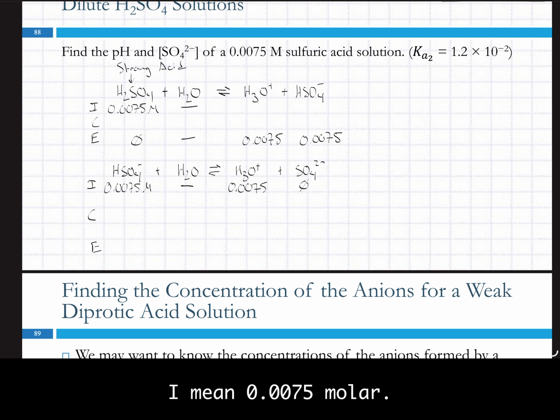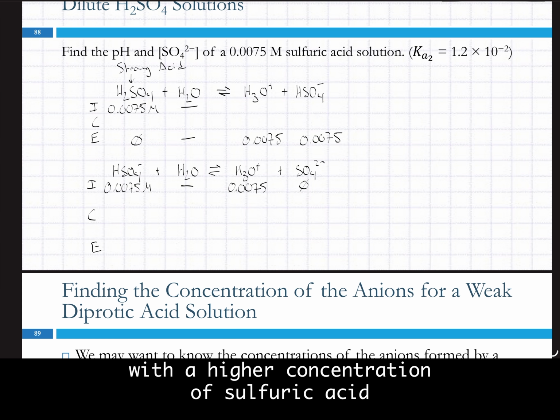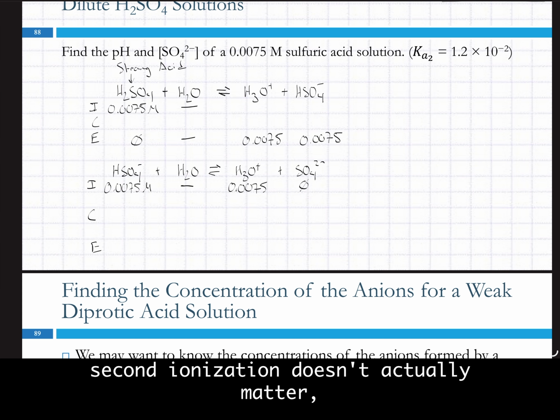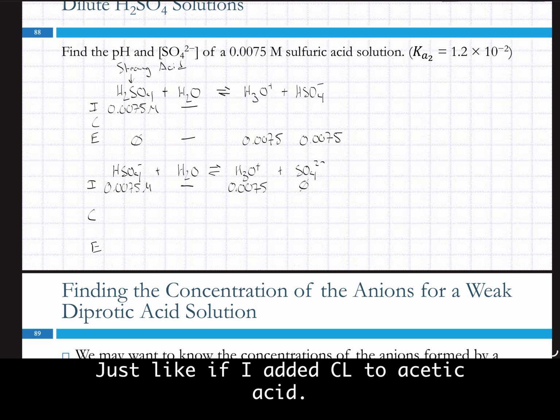How do we know it's dilute? I mean, 0.0075 molar, it's really small. That is very dilute. And honestly, if we had time, I would do another calculation and show you, with a higher concentration of sulfuric acid, that the second ionization doesn't actually matter. Because this is like adding a strong acid to a weak acid, just like if I added HCl to acetic acid.